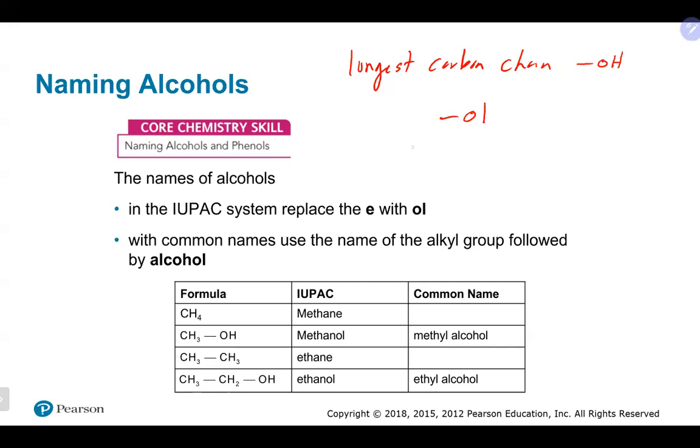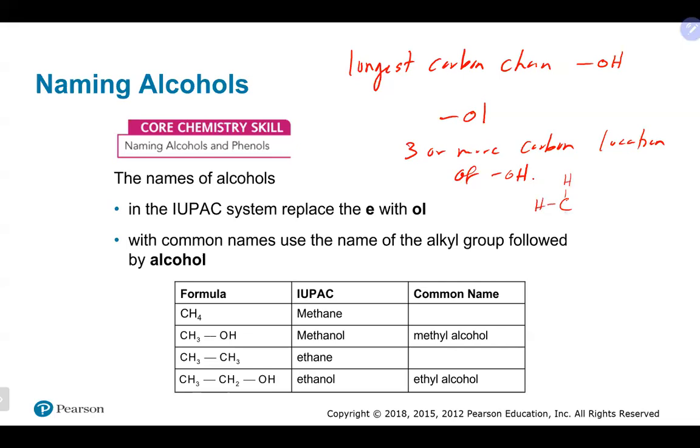When you get to about 3 or more carbons, you also need to give the location of the OH group, much like what we do with the double bond or triple bond. The OH group does get the priority here. So in terms of numbering the chain, you always want to number whichever way will give the OH group a smaller number.